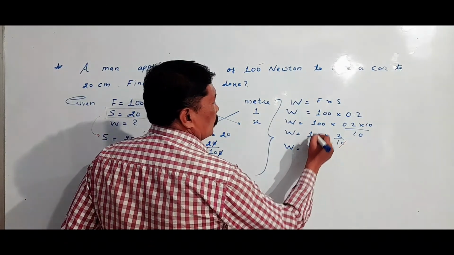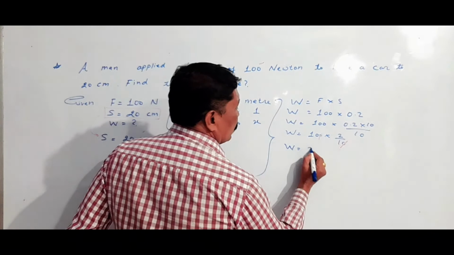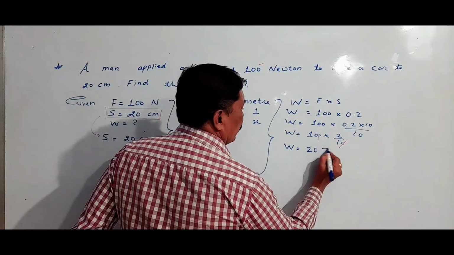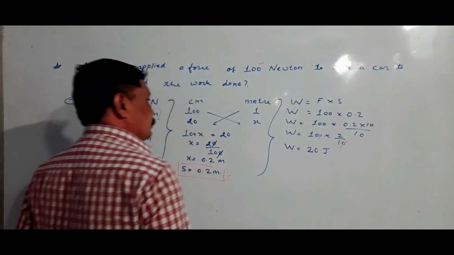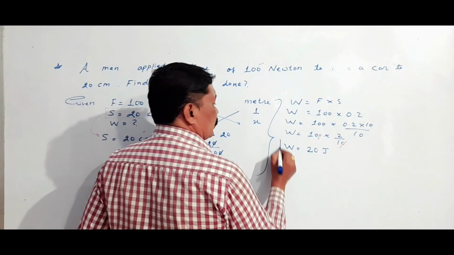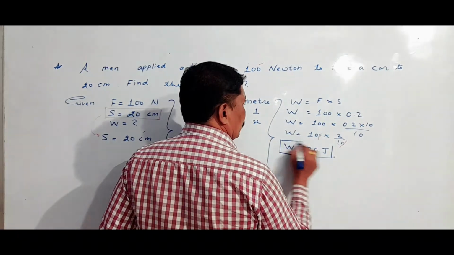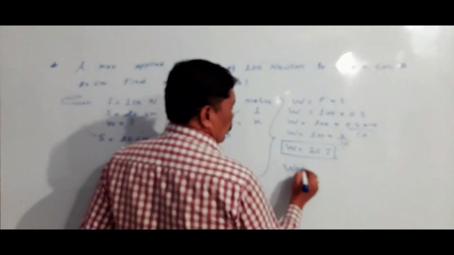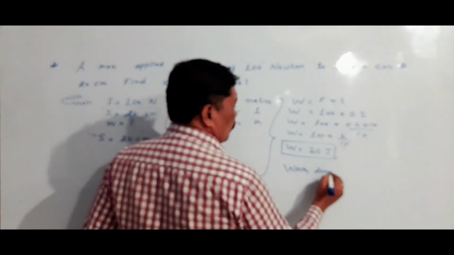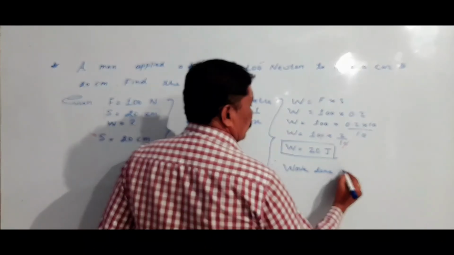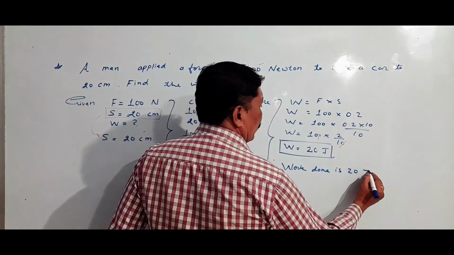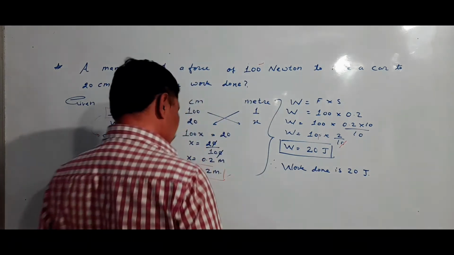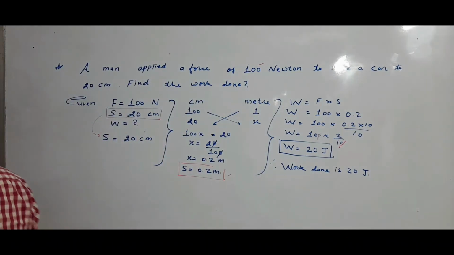W is equal to 10 into 2 is equal to 20 Joule. Therefore, work done is 20 Joule. We'll see the next problem.